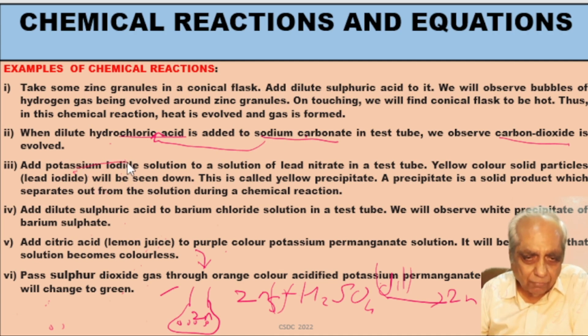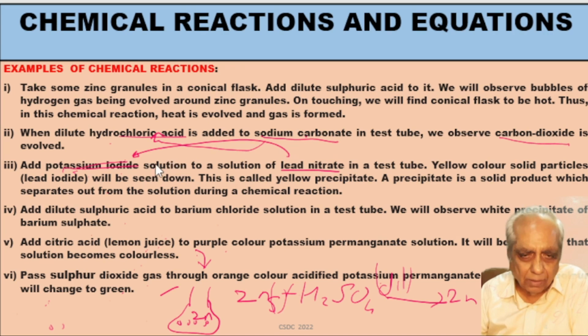Next, if I take potassium iodide solution and add it to lead nitrate, then what will happen? Lead will combine with iodine, so I will get lead iodide and potassium nitrate. Now lead iodide is a yellow solid, in particles like common salt particles, but yellow in color.